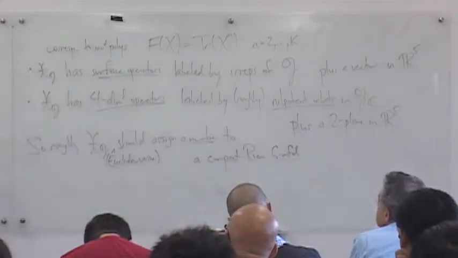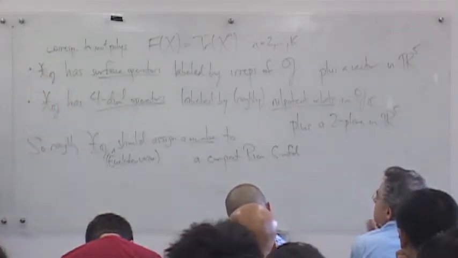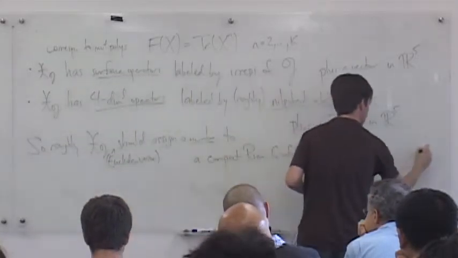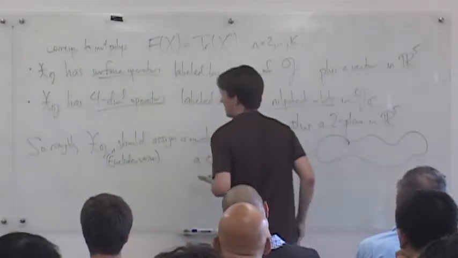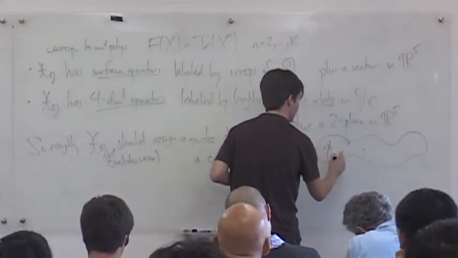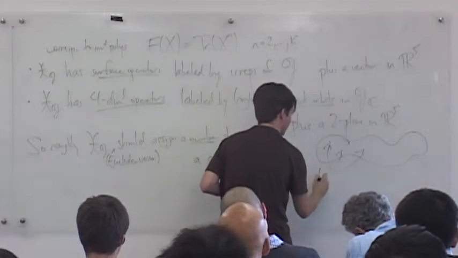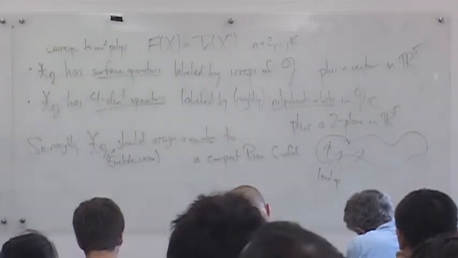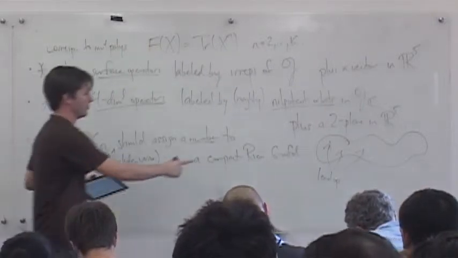But then to say that the theory has these operators is to say that you can also insert in that 6-manifold various additional stuff. Here's my 6-manifold, and inside of it, I can put points. Each point is going to be labeled by a local operator. I told you the local operators that we know about, so we're allowed to put local operators on points.